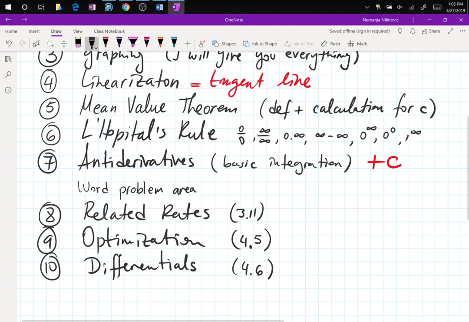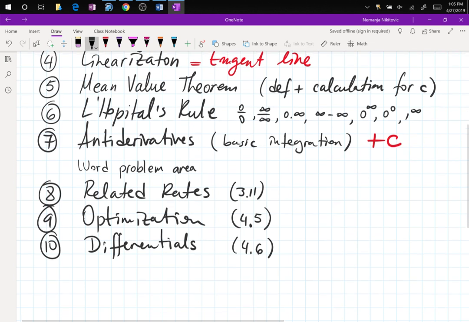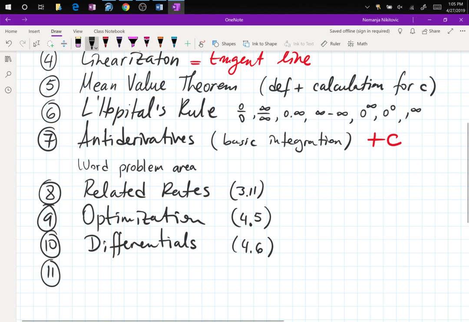So these are your word problems, and then the mean value theorem also has word problems, but you're getting one or the other, not both. That was 4.2, I think. So this or that.